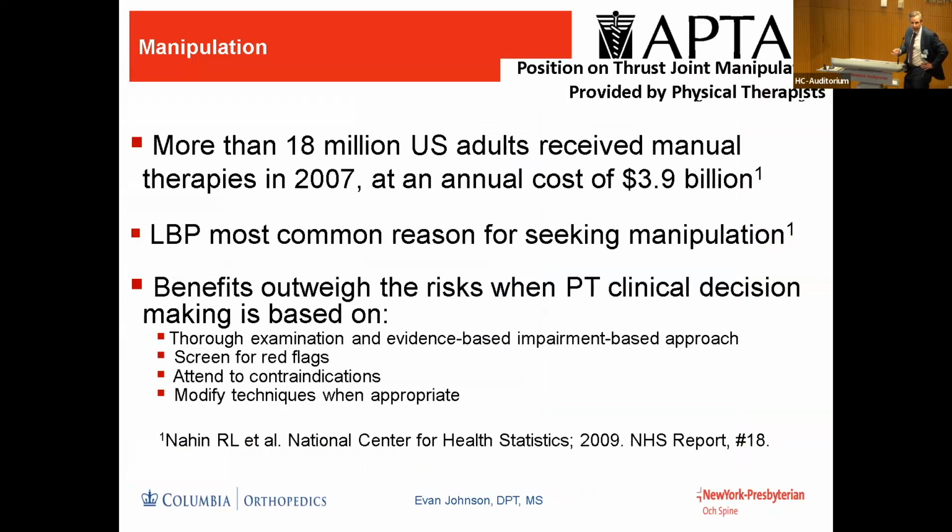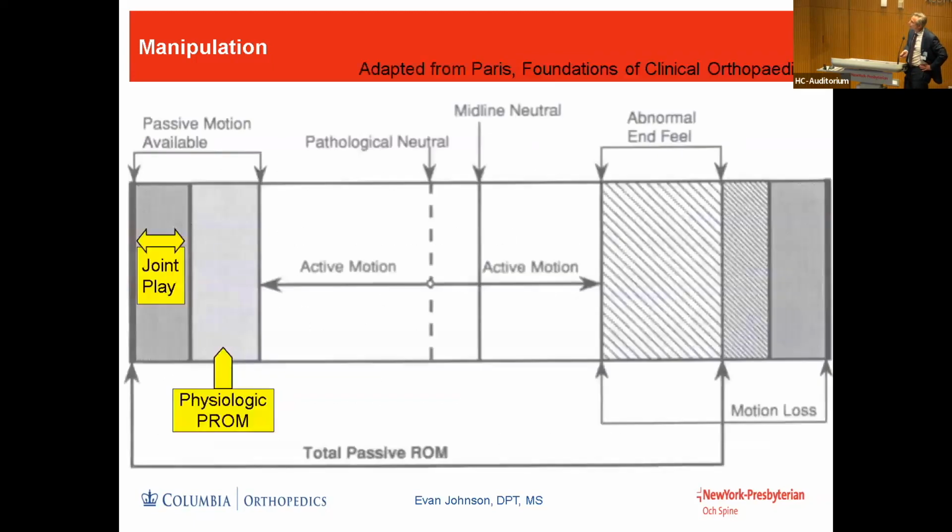So if there's a lot of money in this, there's a lot of interest in who does it, who doesn't do it, and so forth, unfortunately. Low back pain was the most common reason for seeking manipulation. And from the APTA perspective, benefits outweigh the risks, assuming, and I think this is important, a thorough examination and an evidence-based impairment-based approach is taken. You screen for red flags, you attend to contraindications, and you modify techniques when appropriate.